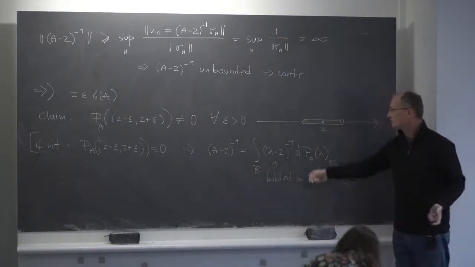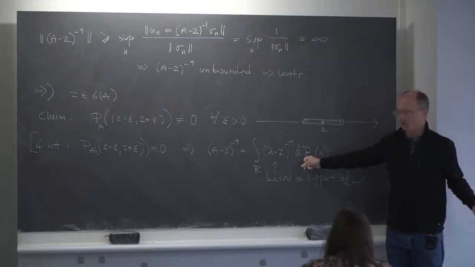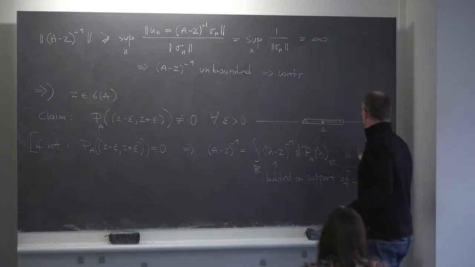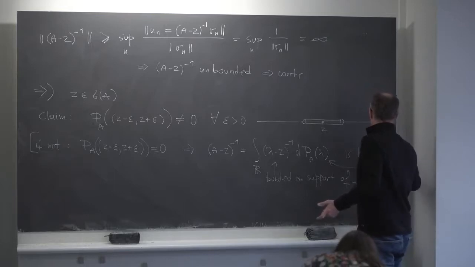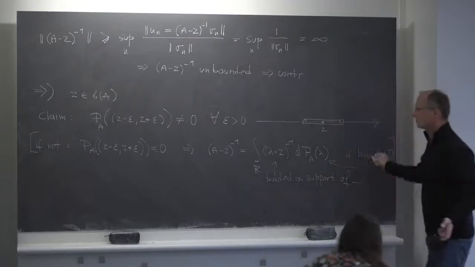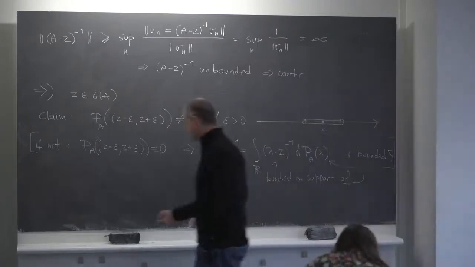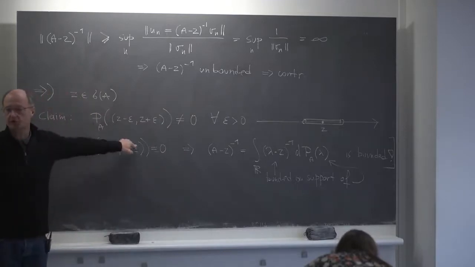But if it is bounded, the whole operator is bounded. But if the whole operator is bounded, then we are not on the spectrum, we are on the resolvent set. So we cannot allow for those spectral projections to vanish.